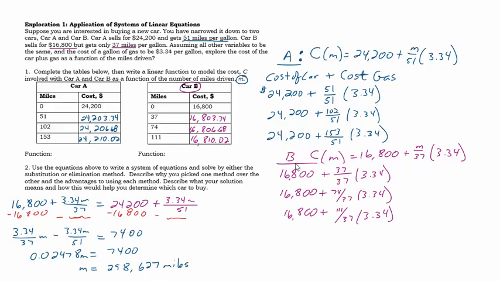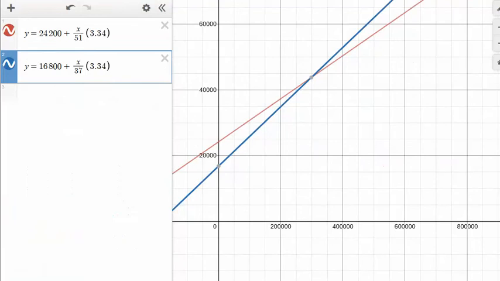Now, if you're worried about the environment and gas and all that stuff, maybe you'd go with the one that gets more miles per gallon, so you're using less gas. It's kind of interesting to look at the graph. So here's the graph of these two functions. Here's my more expensive car.